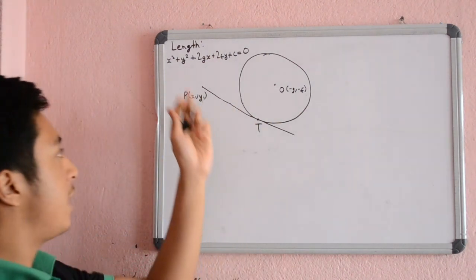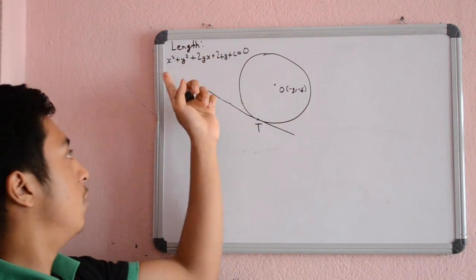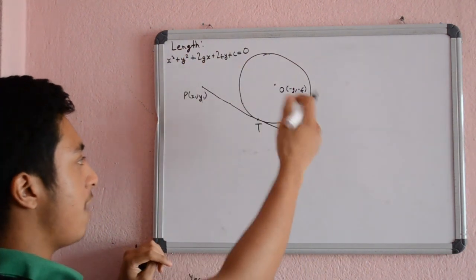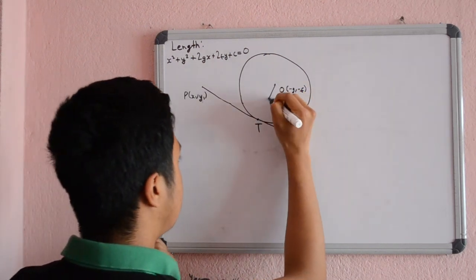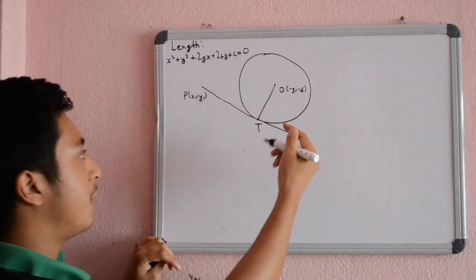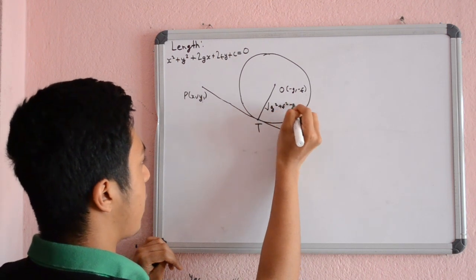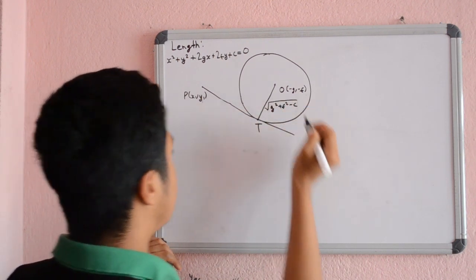Now we're taking the general form of the equation, meaning the center will be minus g, minus f, and the radius right here will be root g square plus f square minus c, like this.